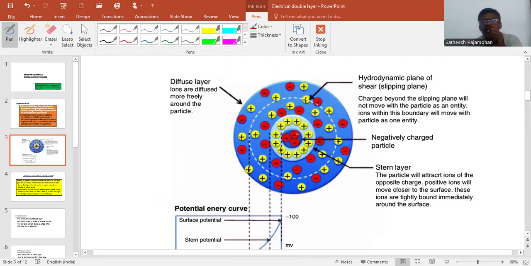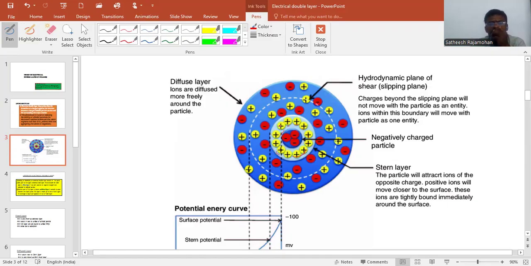In this diagram, I have given the negative charge. The negatively charged colloidal particle is surrounded by positively charged ions. Positively charged ions are present around the negatively charged colloidal particle.